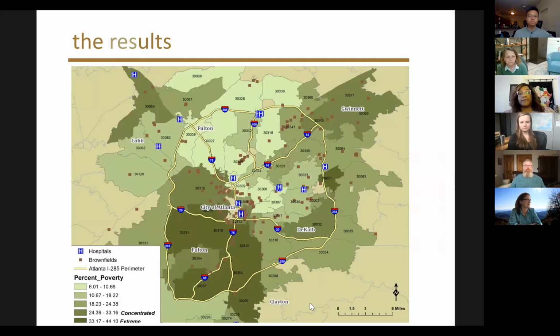So this map shows poverty in the study area. Lightly shaded areas had very low poverty, and darker shaded areas have very high poverty. The highest rates of poverty are in the West Central Corridor, Southwest, and Southeast sides of the city. In the city of Atlanta, high levels of poverty are often an indicator of densely populated, residentially segregated areas.